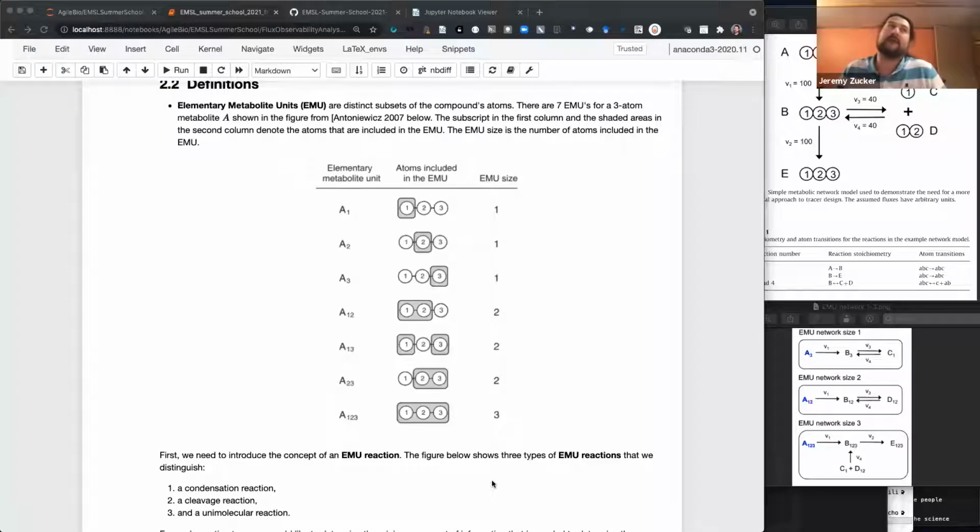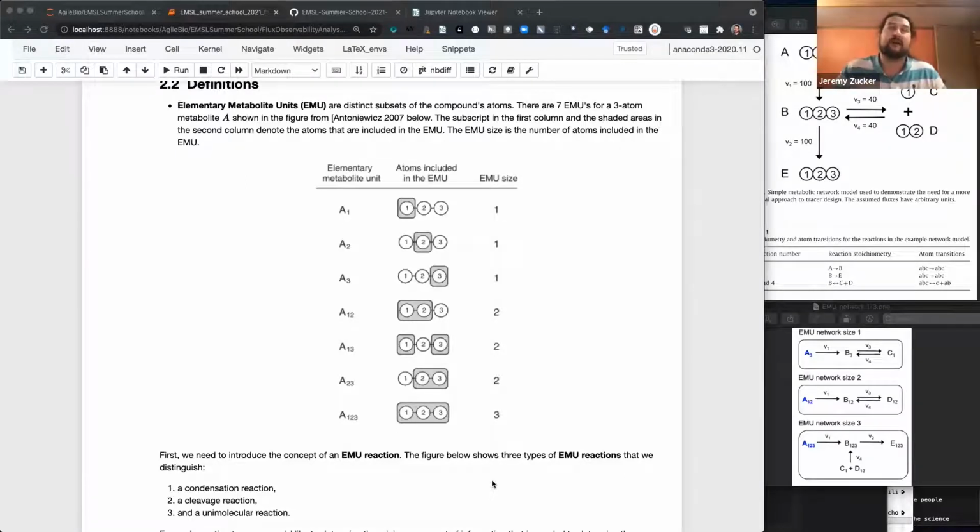Typically, they're done more at the central carbon metabolism, because there are challenges in getting it to go genome scale, but some of the limitations have been lifted. One thing is that we can easily calculate the atom mappings for every single reaction in a genome scale model. And the second thing is that there's been work by Hector Garcia Martin, for example, and also Costas Maranas, on efficient ways to constrain these calculations so that they don't blow up when you go up to genome scale.